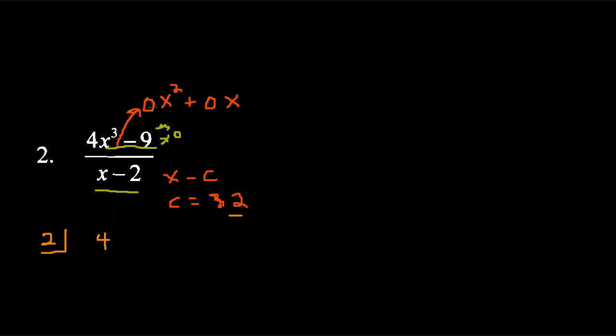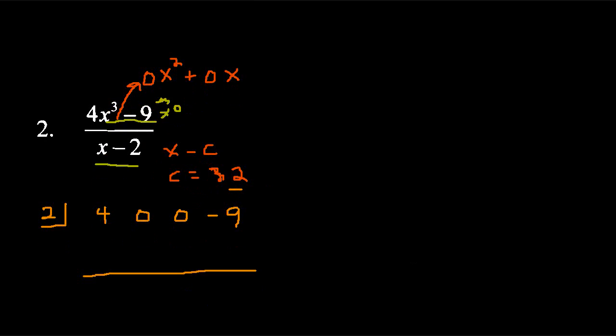And what's the second one? 0, one of the missing terms. And the third coefficient, another 0. And the last coefficient is the constant, which was -9. Take my word for it, it was -9. And then we draw a line down underneath, leaving some space.